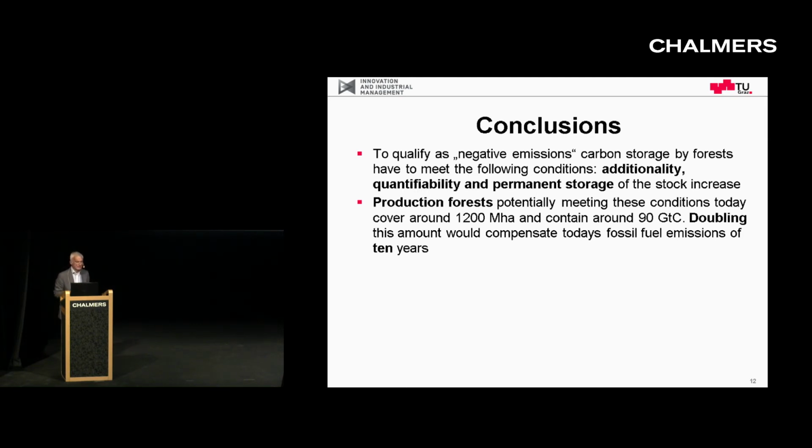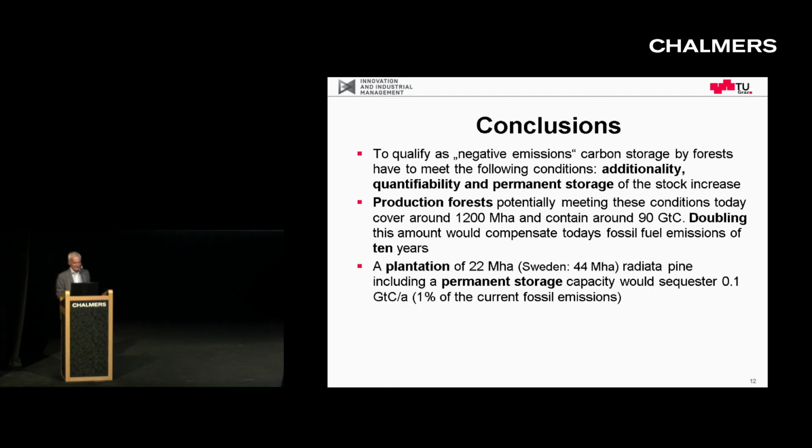However, if you double this amount, so twice as many forestry type of operations as we have globally, it would compensate today's fossil emissions for only 10 years. So there's a limit there in terms of practical realization.